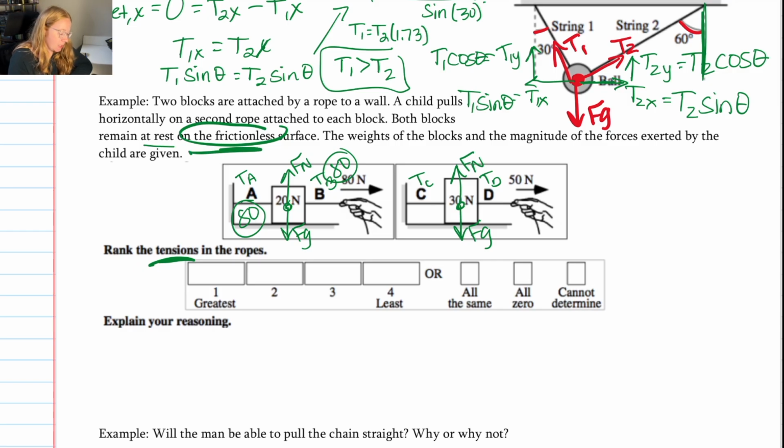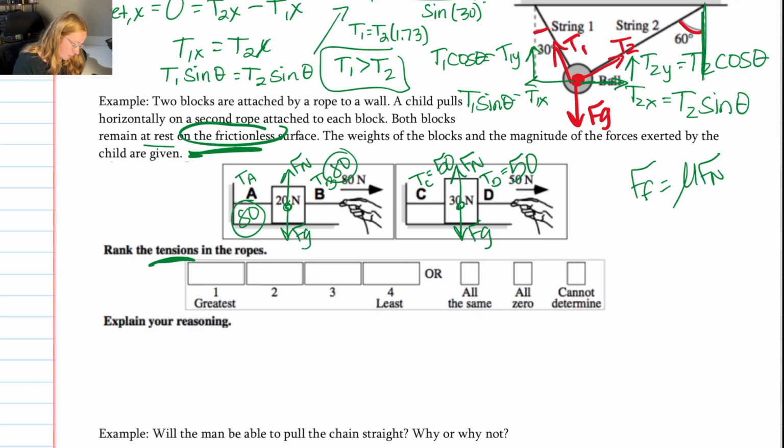Now, if there is friction, that would start changing things because the friction is tied to the normal force. So having a different weight would affect the friction because the more weight you have, the more friction is caused. But it's frictionless, so the x and y have nothing to do with each other. So if TD is 50, then TC should also be 50.